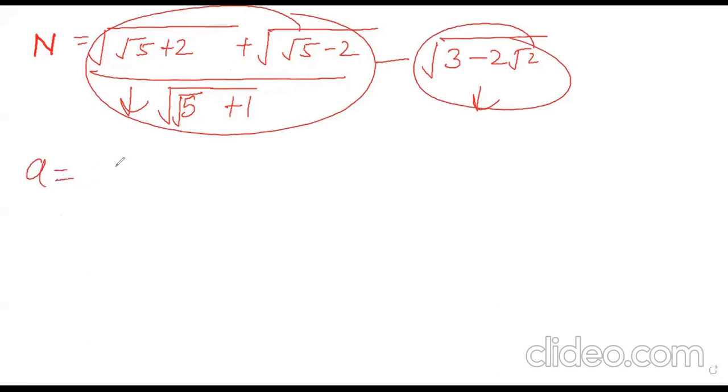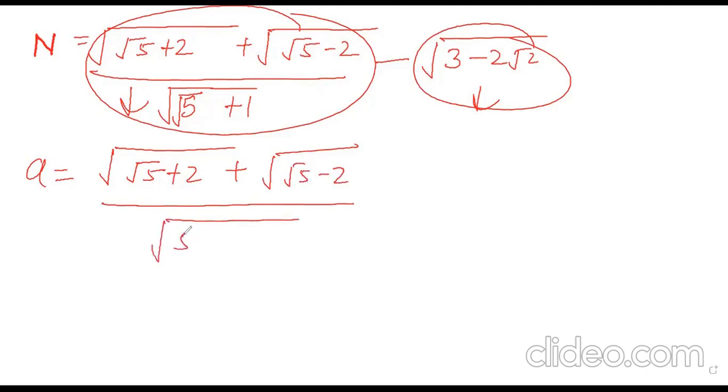Let us take A is equal to this one: square root of 5 plus 2 and square root of 5 minus 2, divided by square root of 5 plus 1.